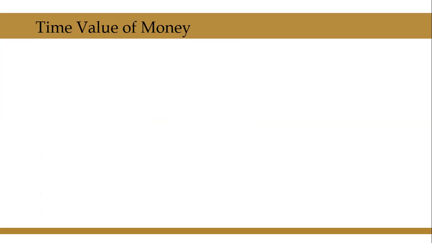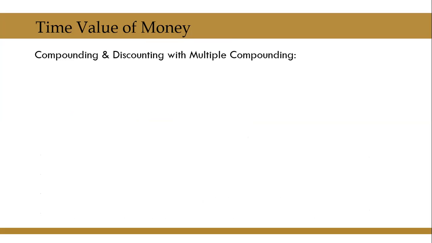Using this, let us now see how compounding and discounting formulae look like in multiple compounding. Whenever you have multiple compounding, future value of your investment will be present value into 1 plus r by m raised to n into m.